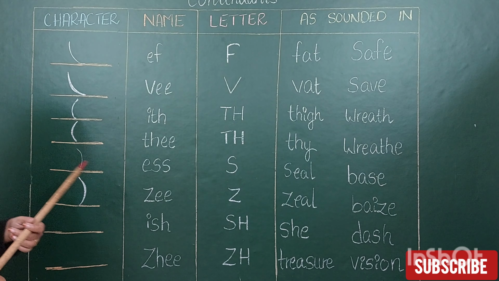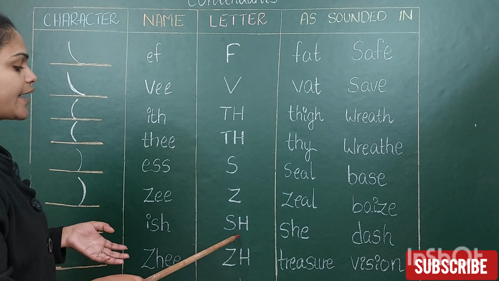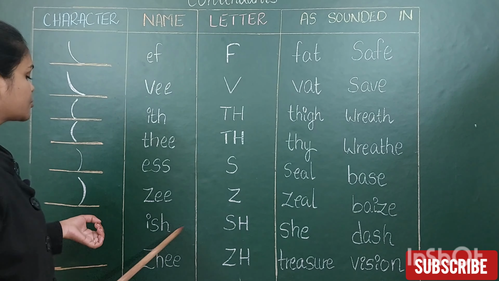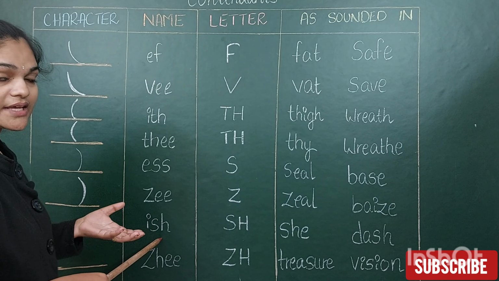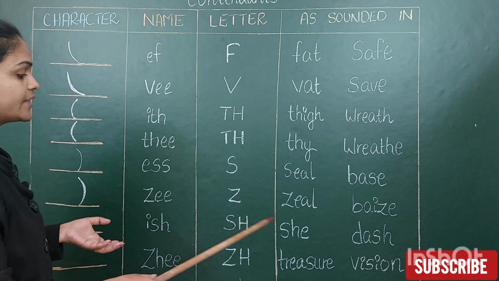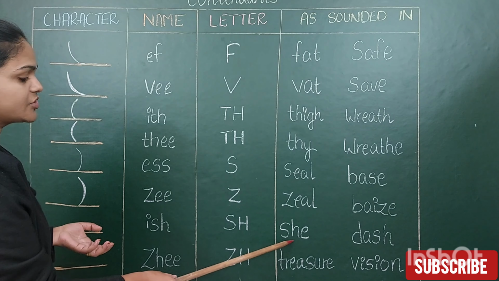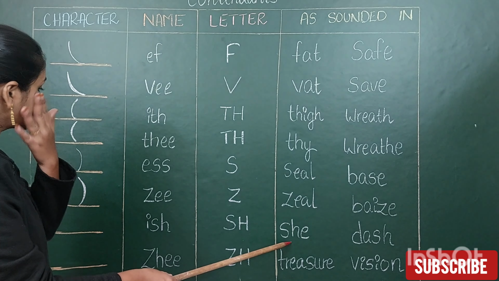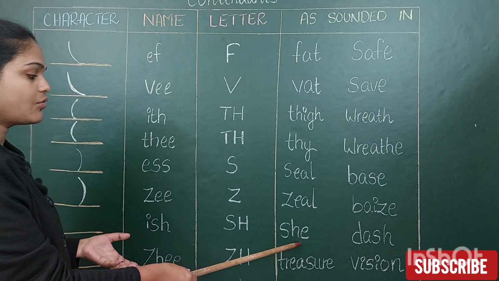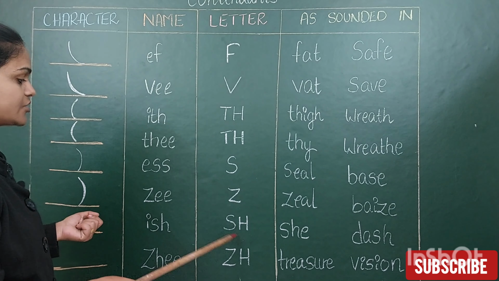Now SH. When you write SH in a word, it is spelled as ish. So when it sounds as ish, you write SH, as in she. When you spell it, you are pronouncing it as she. So when it sounds like so, you have to write the SH letter.